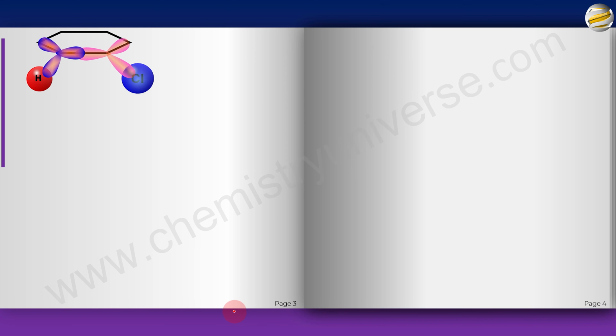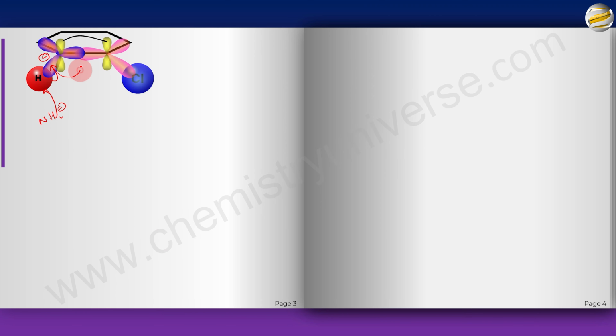And there are p orbitals which are perpendicular to the plane of the ring. And these are the ones which form the normal pi bond of benzene ring. Now what has happened is that when the base grabbed the proton, the electrons of this bond went towards this orbital. This became minus.